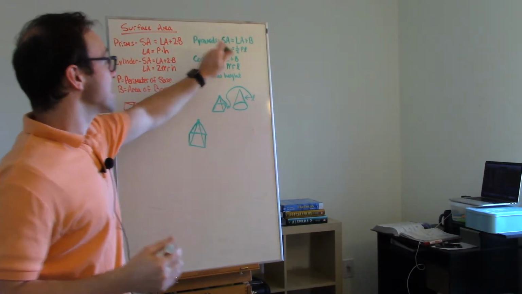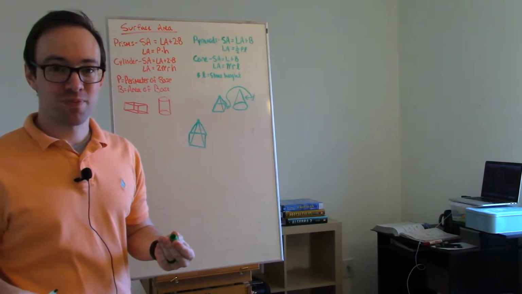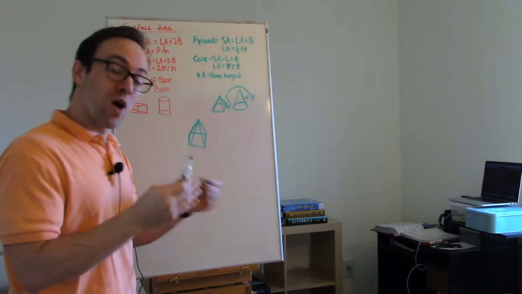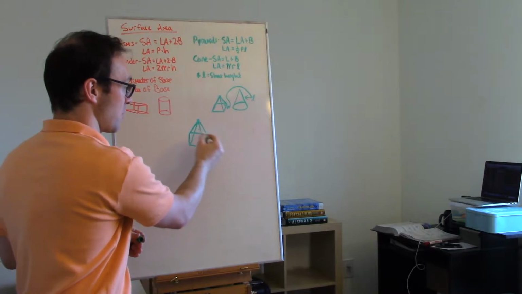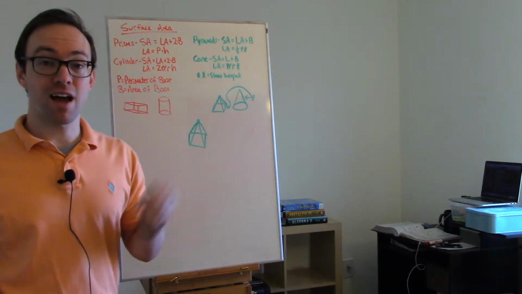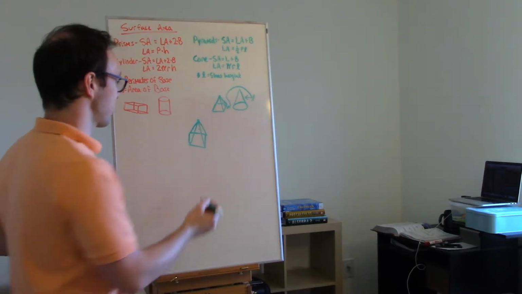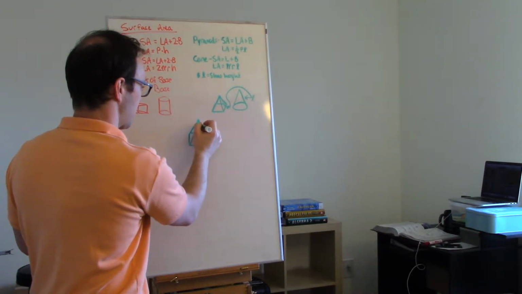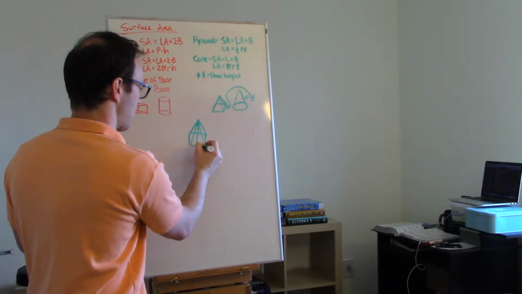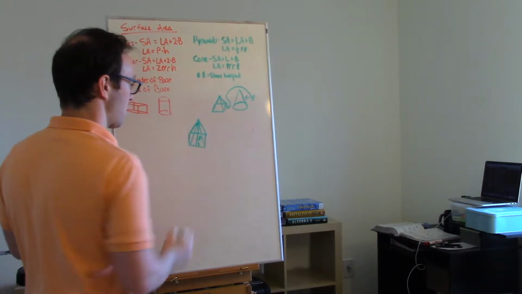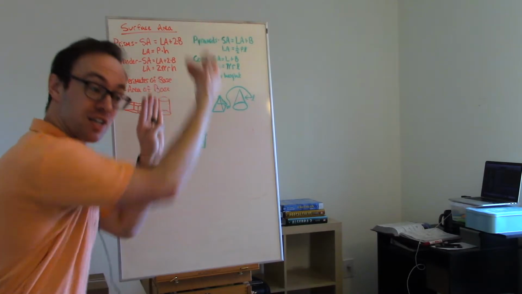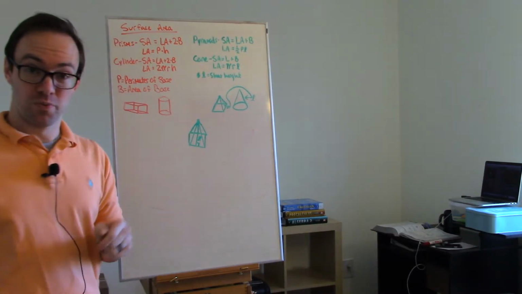So when you think about the lateral area here, it is 1/2 the perimeter of the base times the slant height, which is the line that goes down to the middle of that triangle.